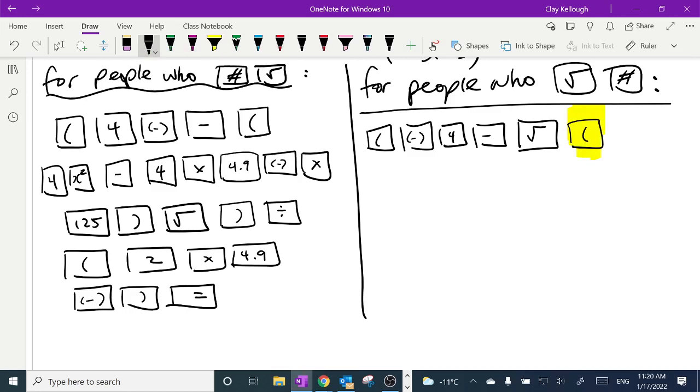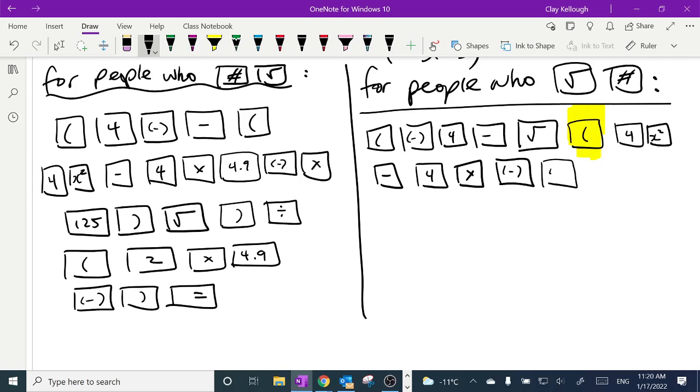And then again, it's square root of 4 squared minus 4 times negative 4.9 times 125, close my brackets, close the bracket.